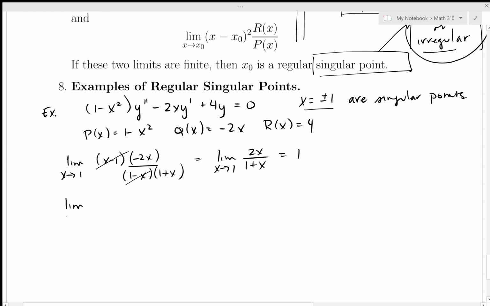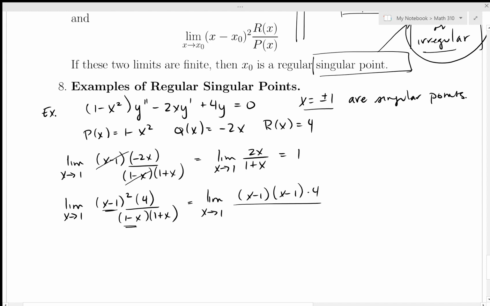I take the limit as x goes to 1 of x minus 1 squared multiplied by r of x, which is 4, divided by p of x, which is still 1 minus x and 1 plus x. You can see that one of these cancels with one of those in the numerator.